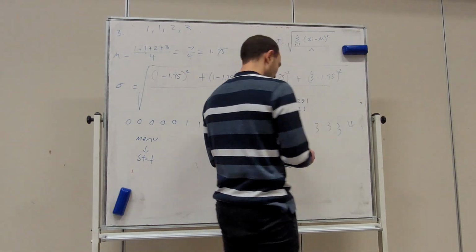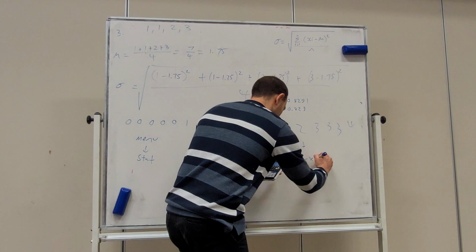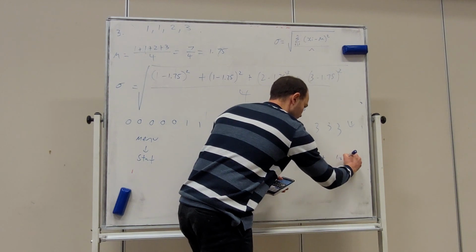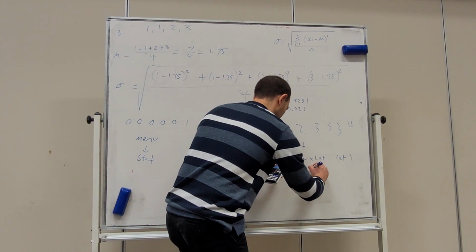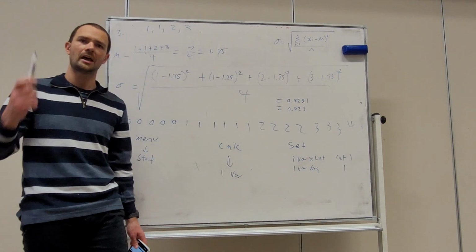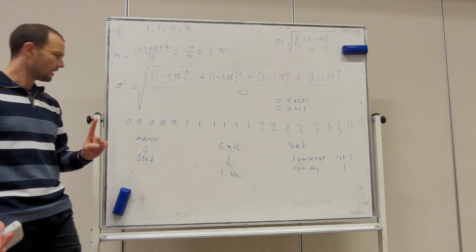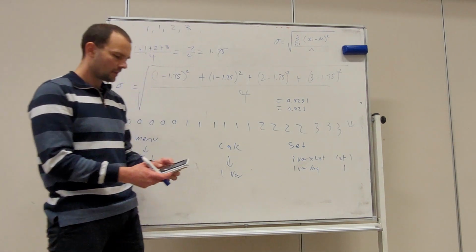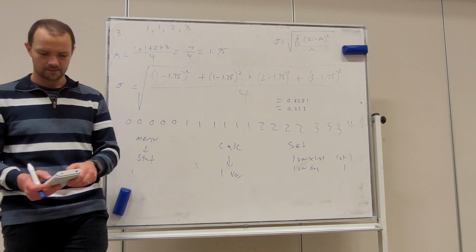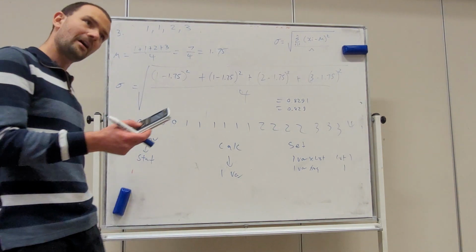And this is what your settings should say. 1 var x list, list 1. 1 var frequency, 1. That's the setting you should have when you have one set of data. If that's the case, press exit and press calculate the first variable, and it's going to bring up for you all of that information.